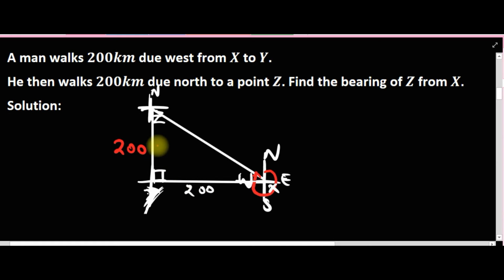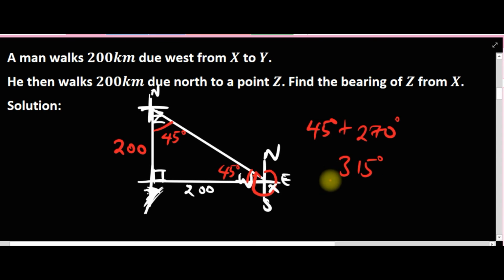Since here is 90, here should be 45, and this is also 45 because of the isosceles triangle theorem. So the bearing of Z from X is 45 plus 270, because the remaining angle from here to here is 270, plus 45. So our answer is 315.